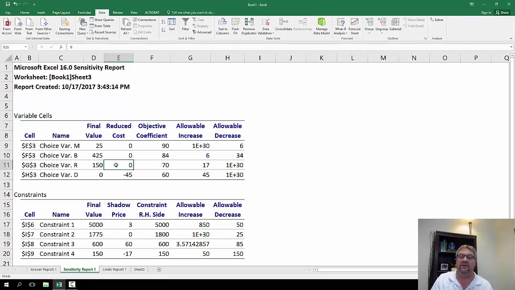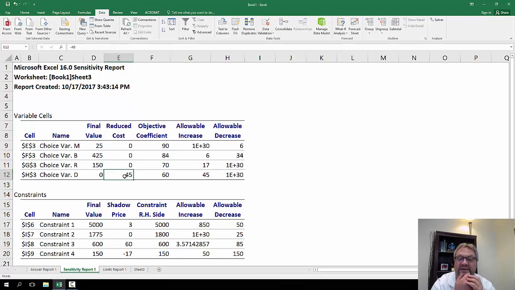Now, notice here, the reduced cost is the same. So remember, the restriction on R was that it had to be greater than or equal to 150. Well, what this is saying is that if I increase R by 1 unit, nothing is going to happen to my profit. Okay, I'm going to get to that in a minute. Actually something will, but here, nothing.